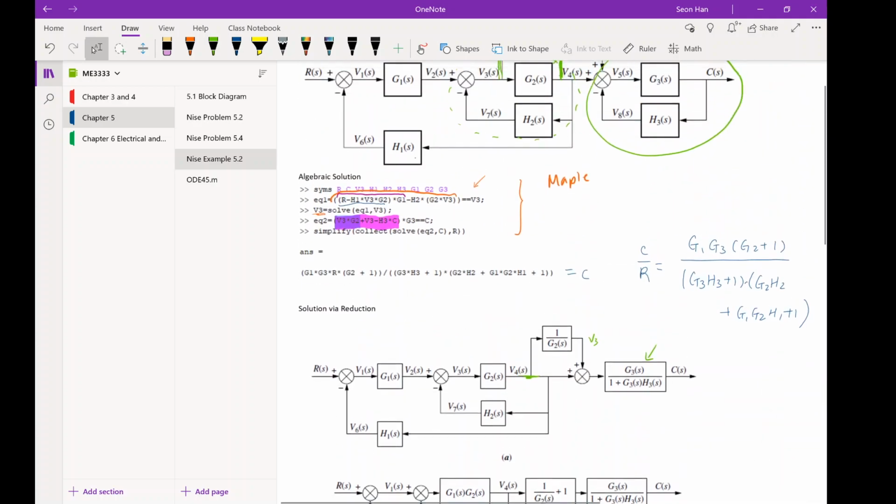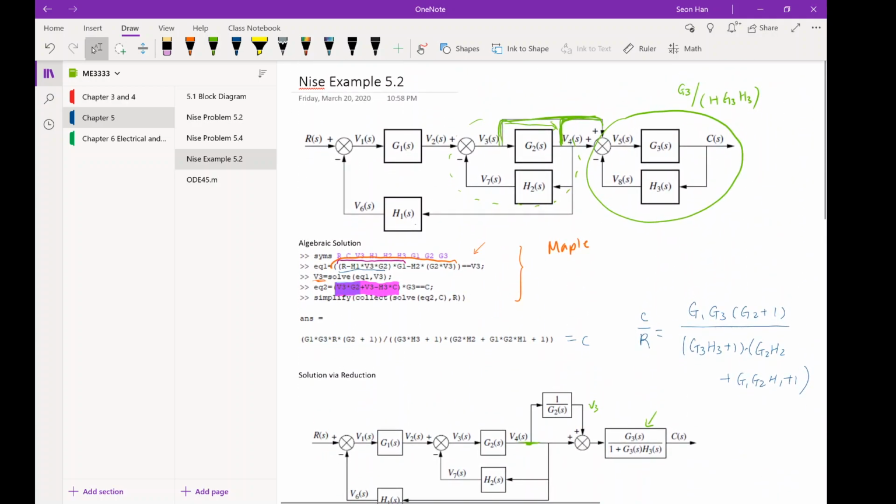I'd much rather do algebra. When you go to the controls class, ME 3334, you still have to learn this technique, because really good people recognize it right away and can simplify in their head, which can be a lot faster than my algebra.